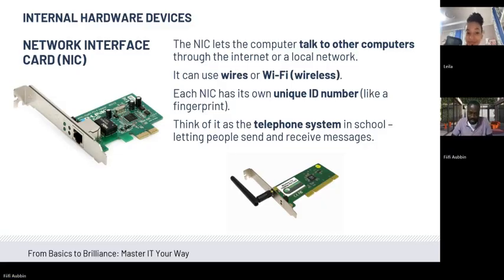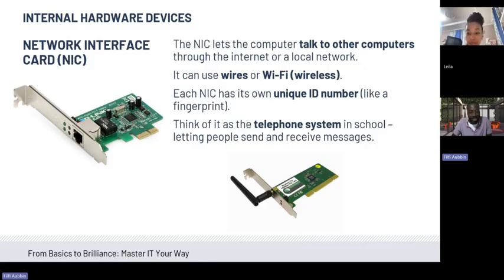So we've got two options. One that is wired, where we talk about the RJ45 connector. So this is the RJ45 port. We'll expand as we move on. And we've got one which is for wireless.